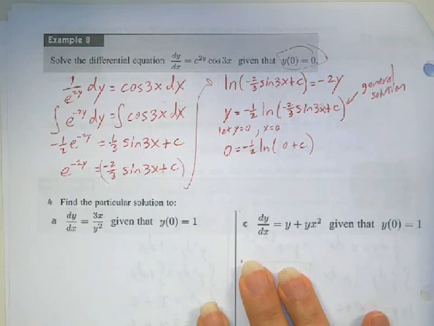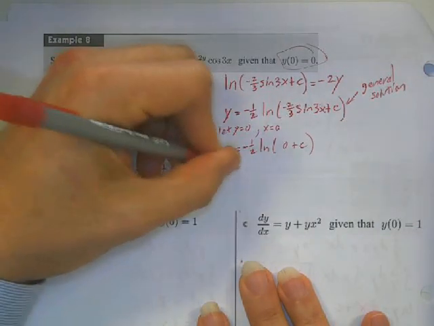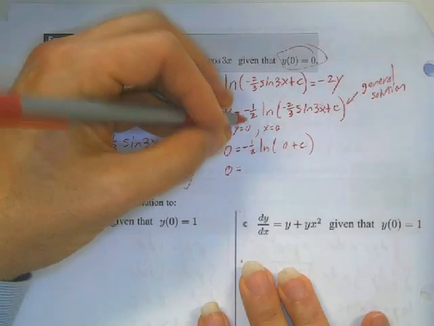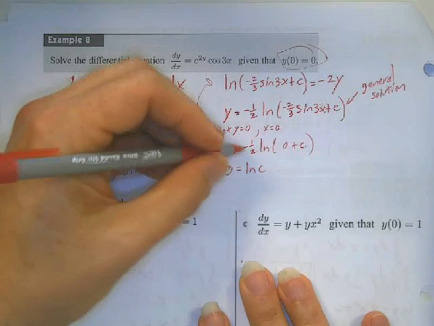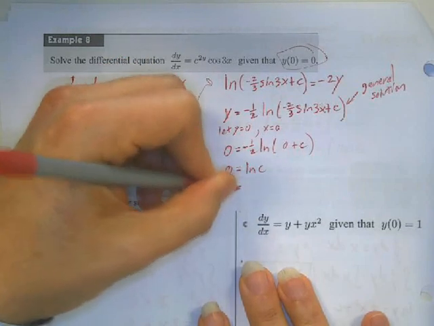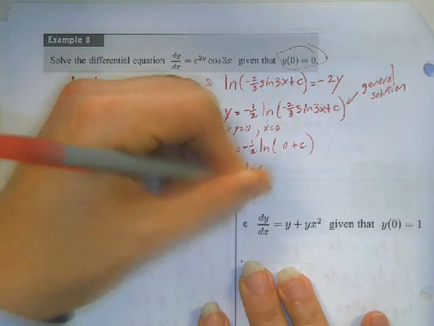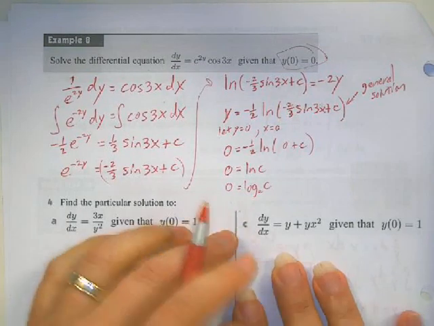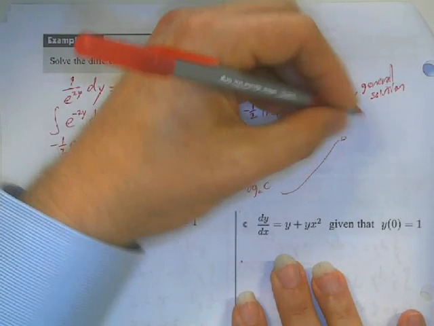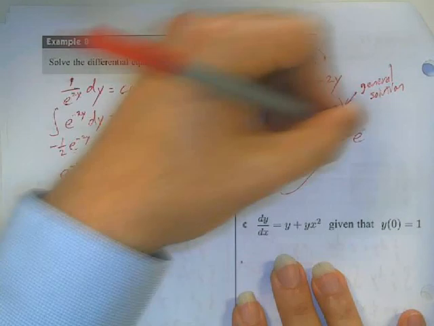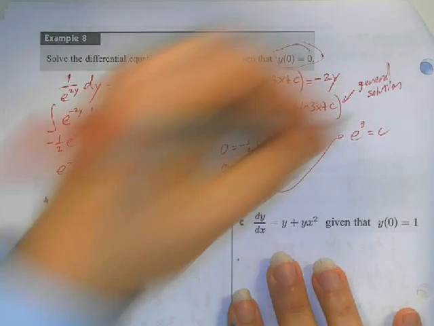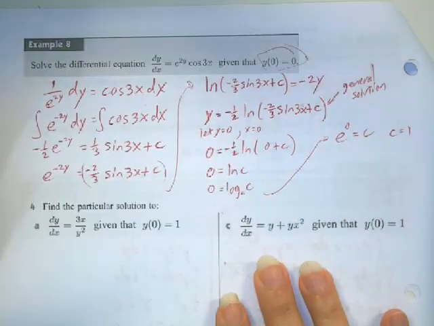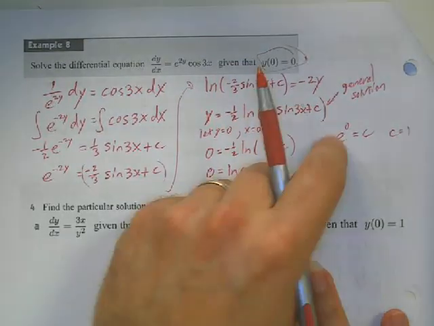So now I have 0 equals natural log of c, so think of this as log base e of c, right? If I convert that into exponential, that means I have e to the power of 0 equals c. So c has to be equal to 1, because anything to the 0 power is 1.